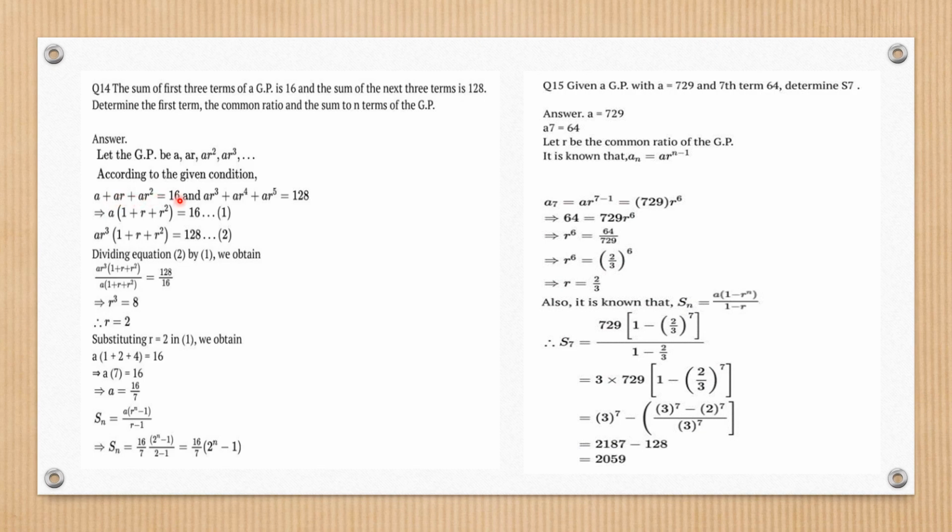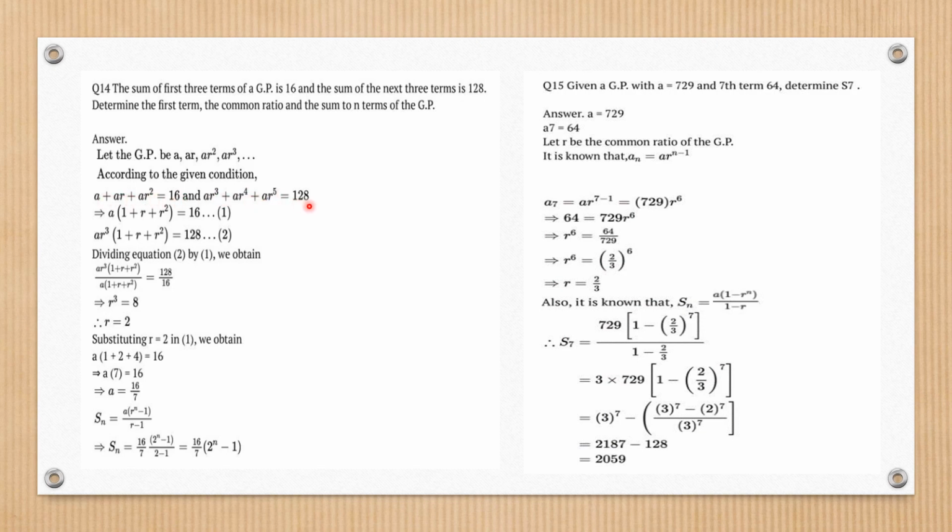After AR square, the fourth term will be AR cube. You know, in GP every term has the power of R one less than the term number. See, if I'm talking about A5, it will be AR4. So the fourth term will be AR cube, then AR4, then AR5. So 3 first and 3 next.